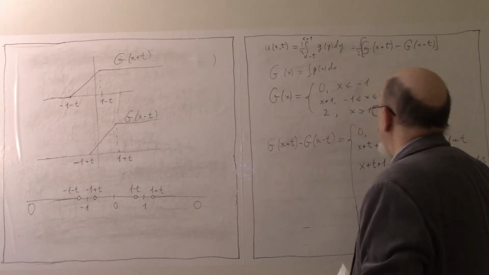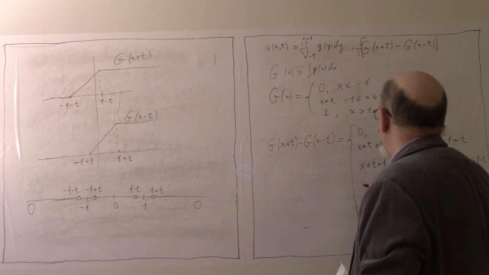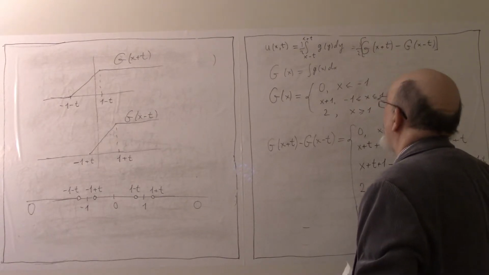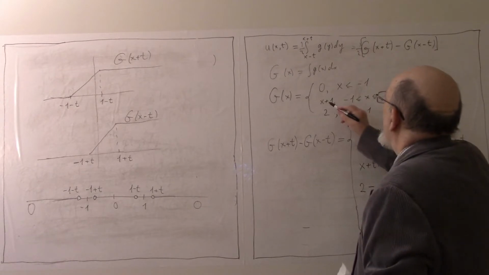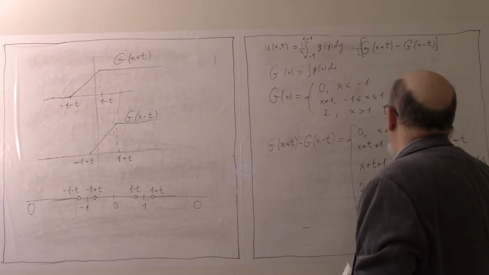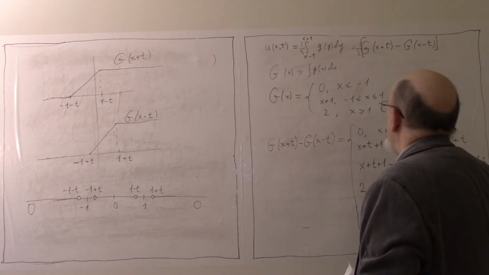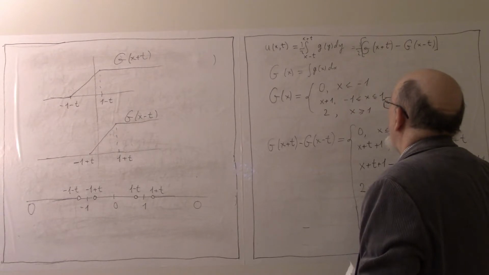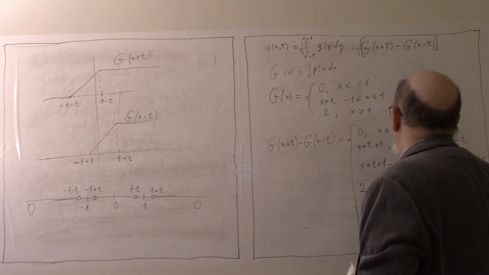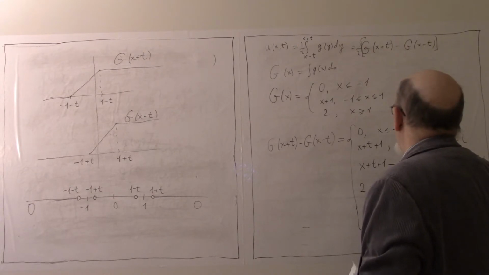So g of x plus t is 2, minus g of x minus t, minus x minus t minus 1, minus x minus t minus 1.